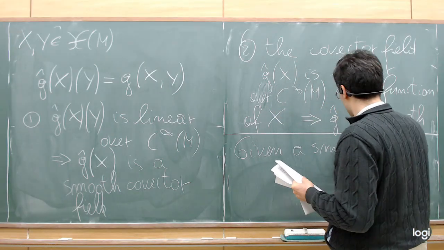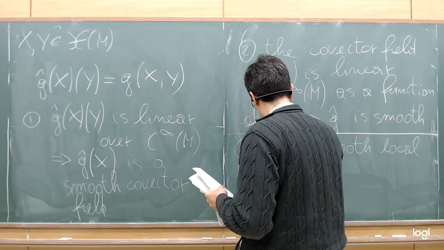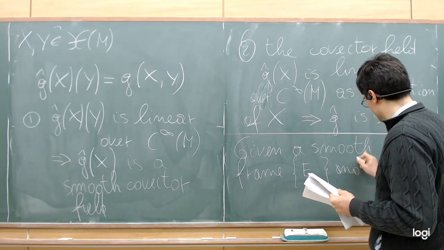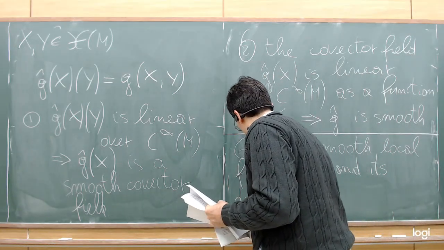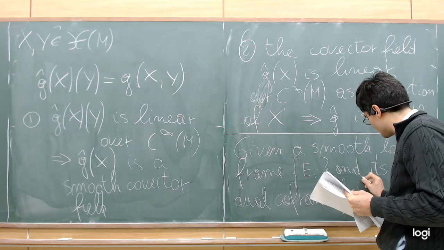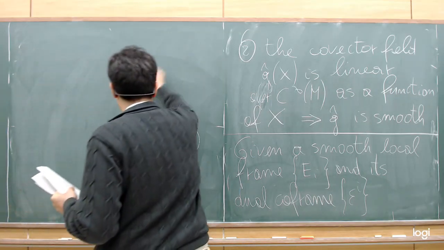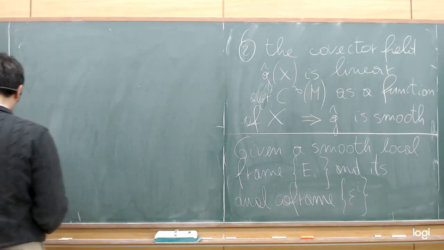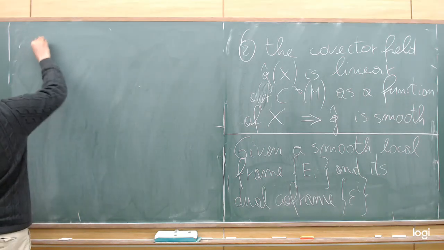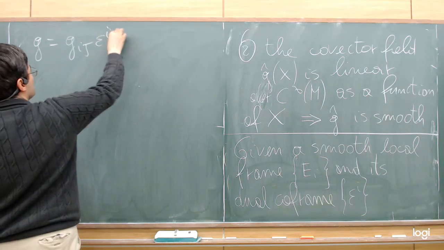So given a smooth local frame E_i and its dual coframe epsilon^i, we can suppose that G has the following local representation: G_ij epsilon^i tensor epsilon^j.